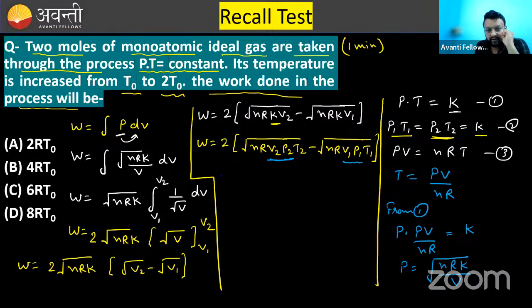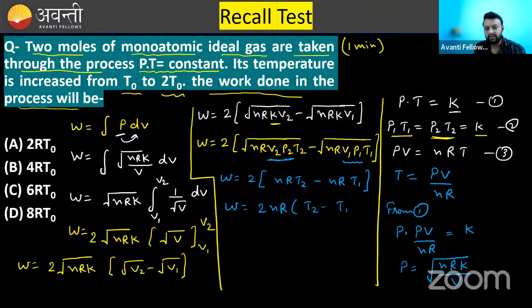So what will be the work done? Work done will be 2 times NRT2 minus NRT1. Now you can see that work done is equal to 2 times NR (T2 minus T1).